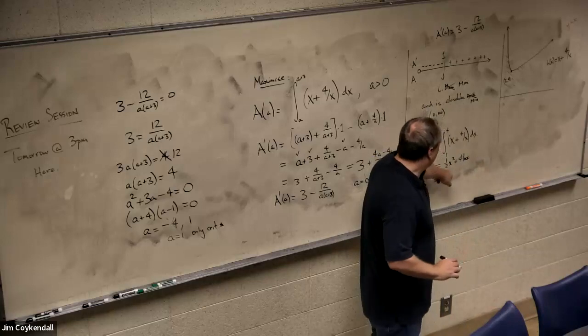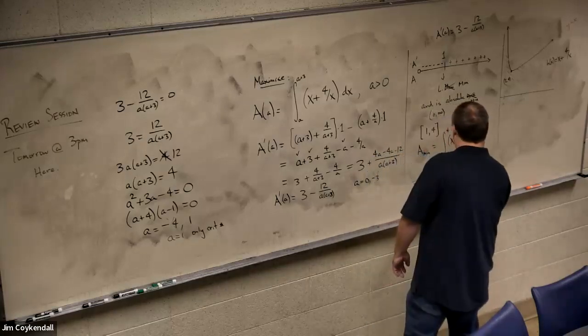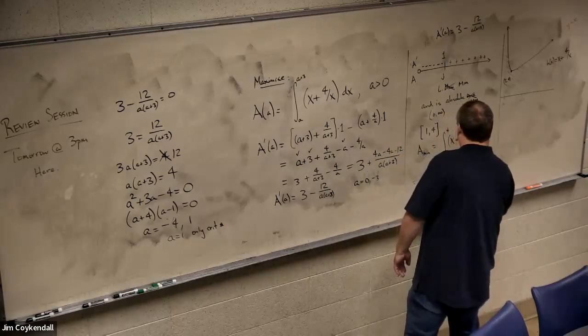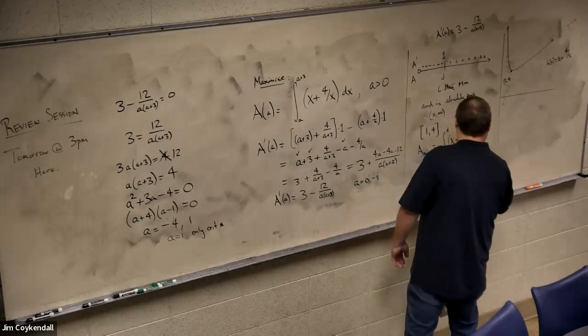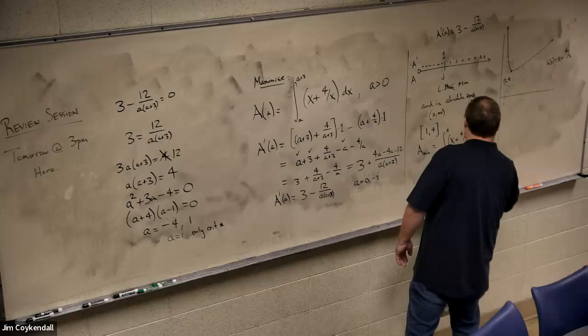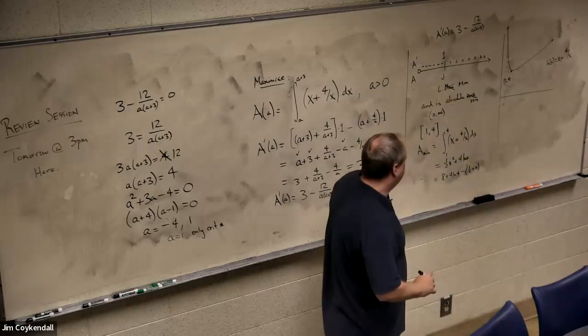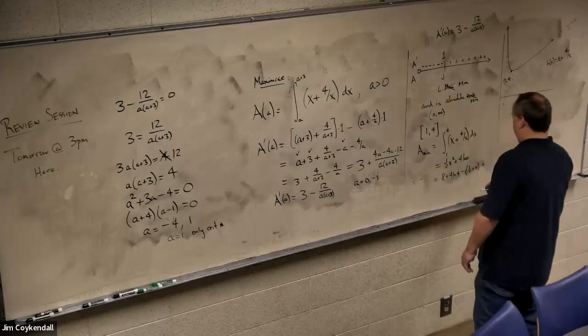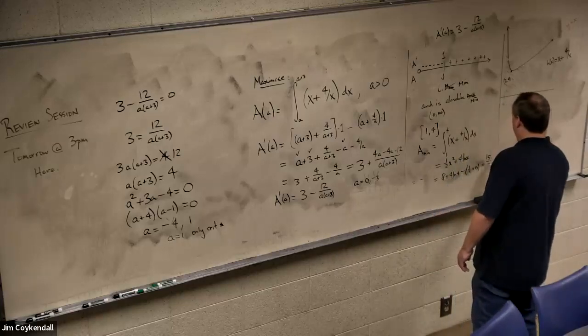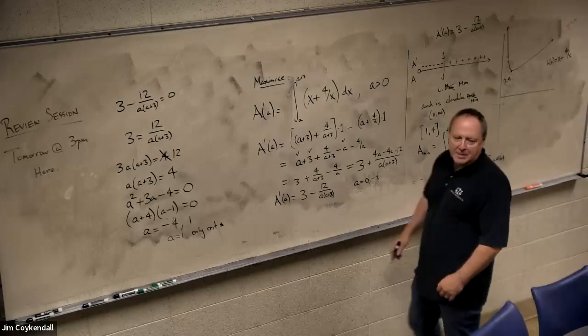When I plug in 4, that's 8 plus 4 log 4. Minus, when I plug in 1, it's 1/2 plus 4 log 1, which is 0. So I get something like 15 halves plus 4 log 4. That's the minimum area.